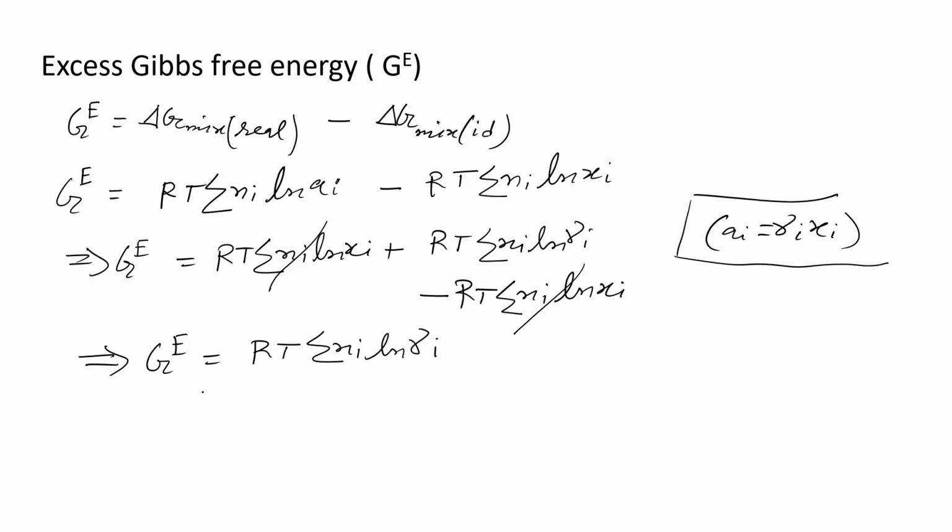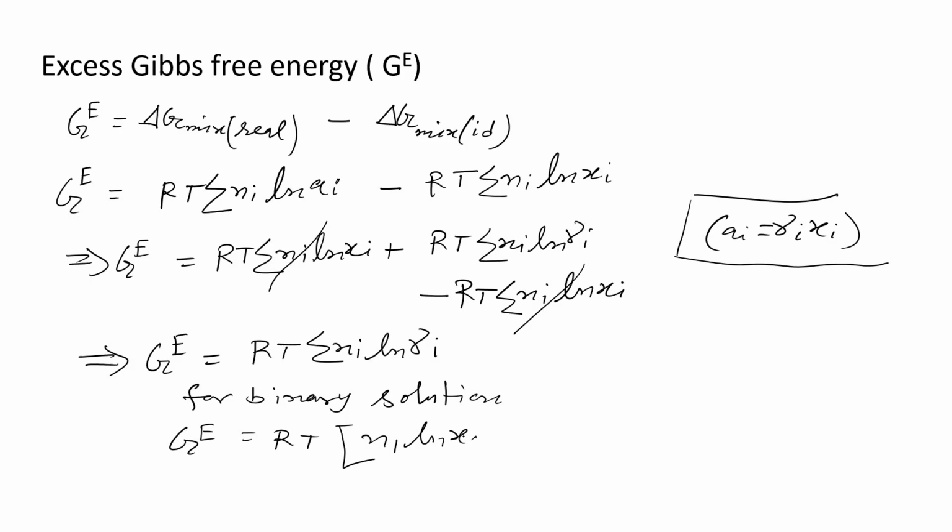For binary solution, that means for two components, I can write G excess is equal to RT times N1 ln gamma 1 plus N2 ln gamma 2.